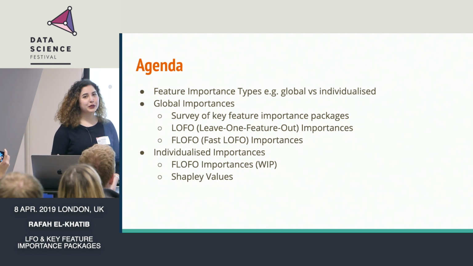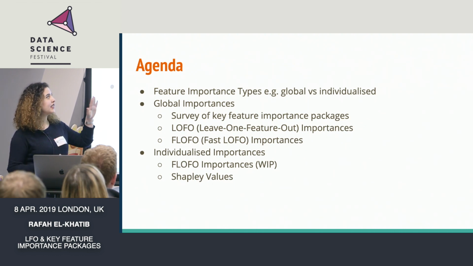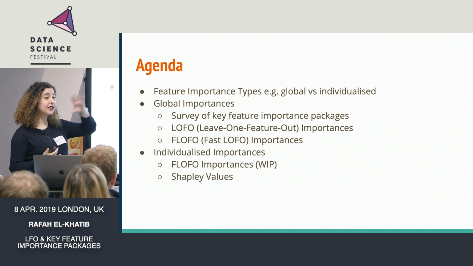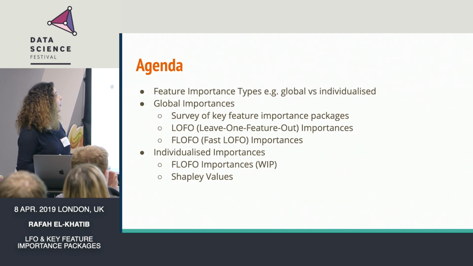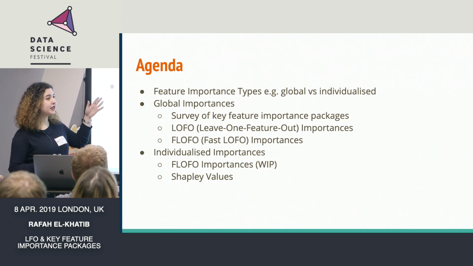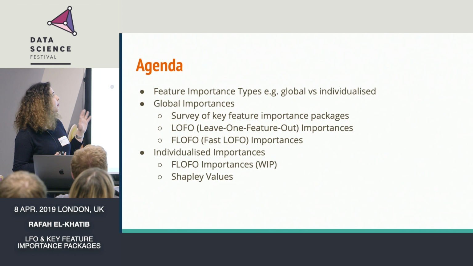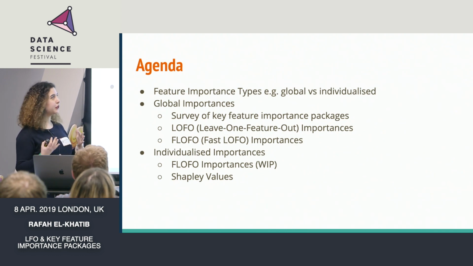So what we're going to talk about today is what kind of feature importance types there are out there, what kind of classes there are. Specifically, there's global, so for the entire model, versus individualized for every prediction. Then we're going to go through a survey of global importances, and I'm going to explain where they're used and where they shouldn't be used.